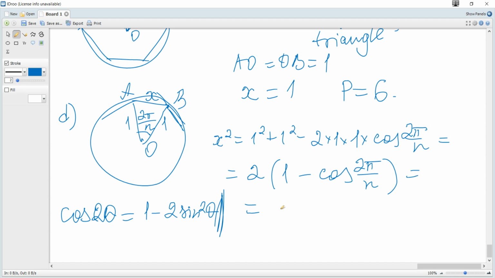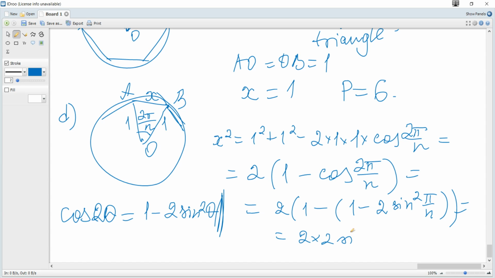So it becomes 1 minus 2 times sine squared of pi over n, and it becomes 2 times 2 times sine squared of pi over n.